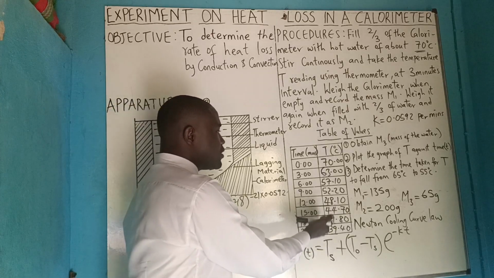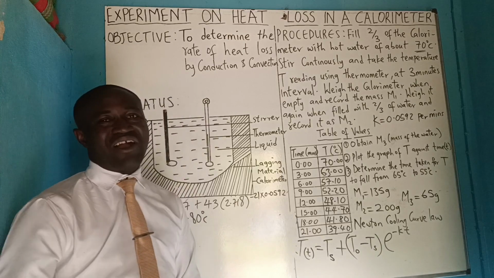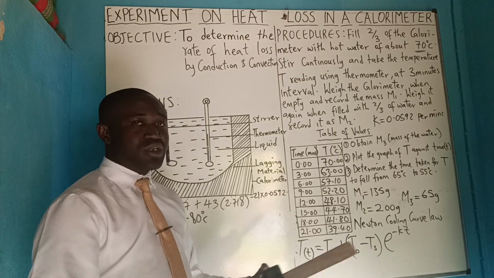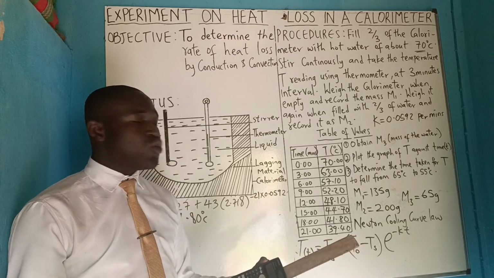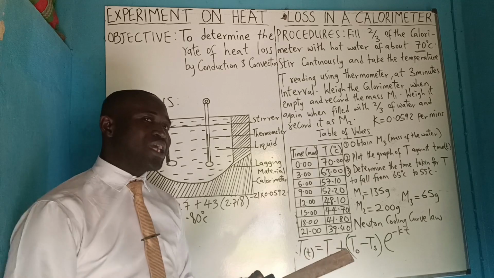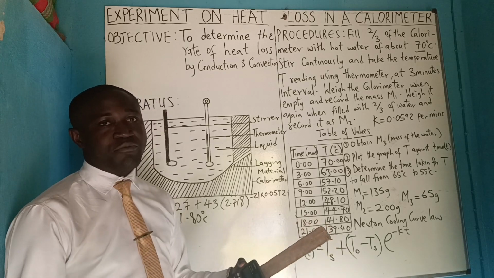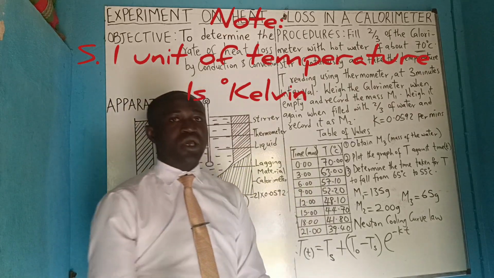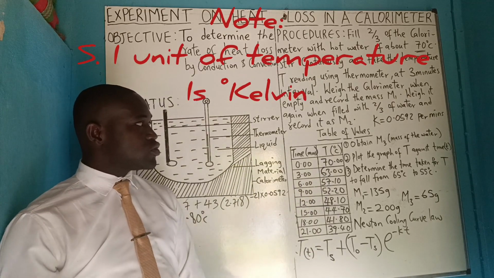Now we have seen our table of values. You can convert it to Kelvin, Reaumur, or Fahrenheit, depending on the temperature you want to use for your graph plotting, or the temperature instructed for you to do your graph plotting on. I decided to keep mine in Celsius and run whatever calculation.